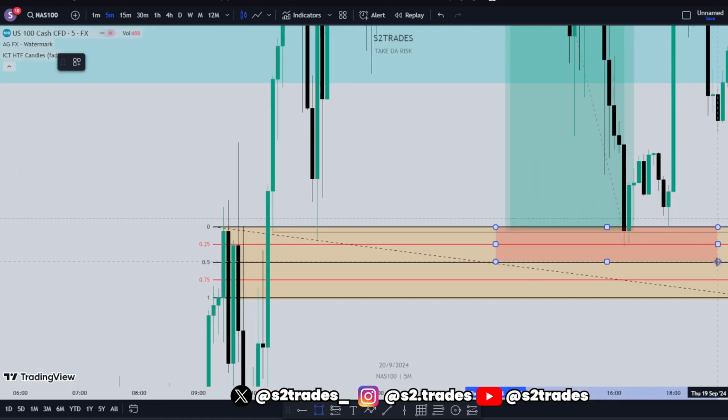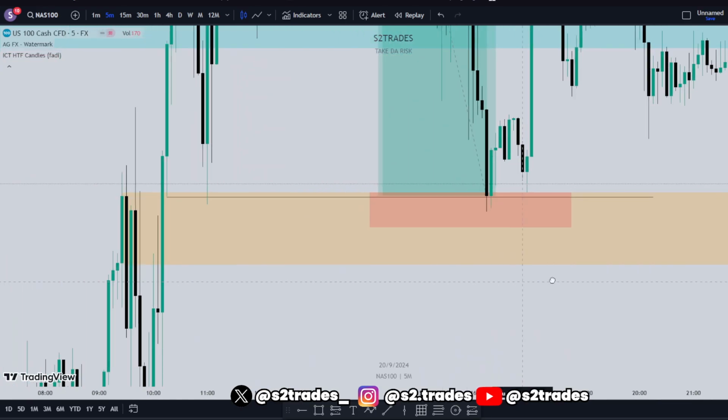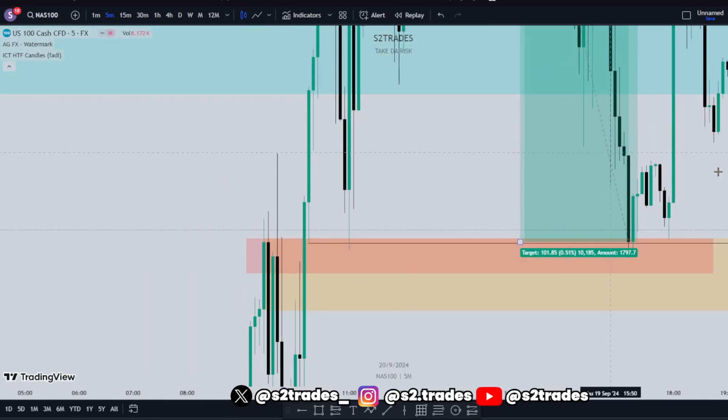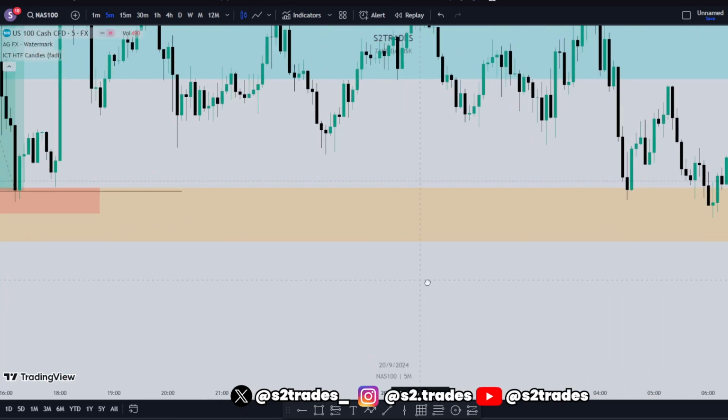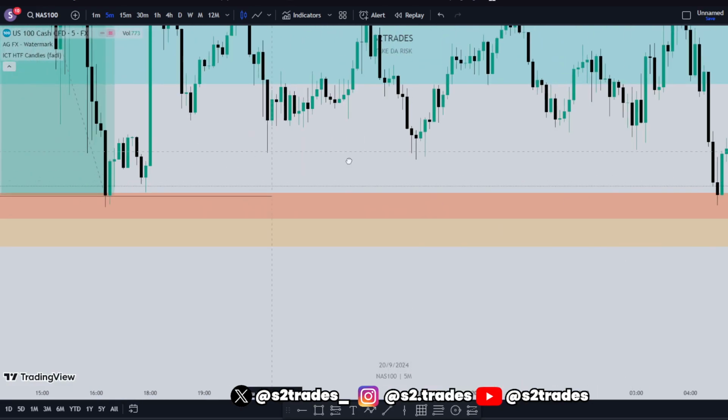Basically, he uses this for FVGs, but I noticed that it works just as well for breaker blocks. So see, most of the time it comes into this first half and blasts off. Boom, see, again, blasts off. You could have taken a bunch of entries off this.